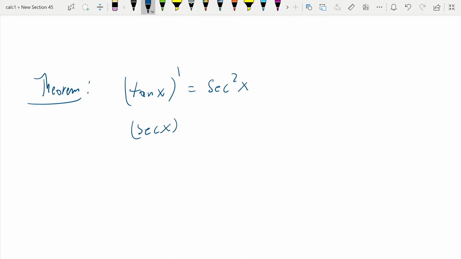Then the derivative of secant is secant tangent.